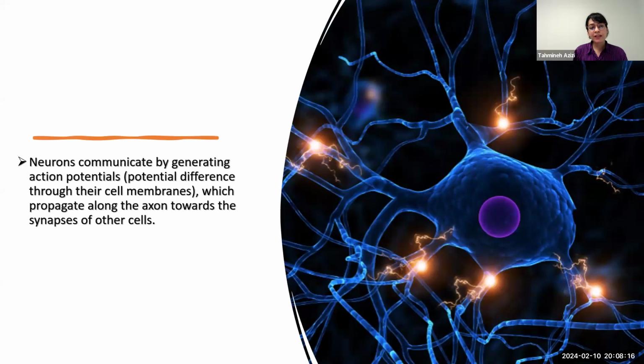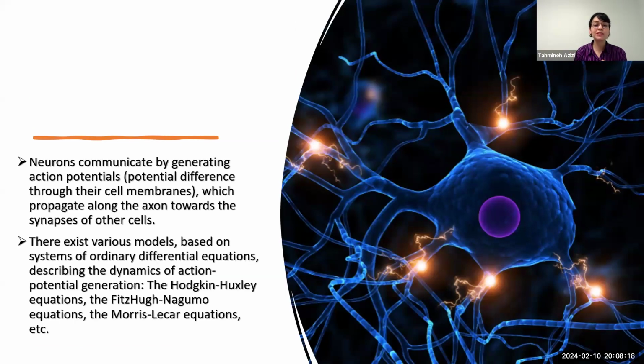But how can we use a mathematical language to model this communication? As we said, the neurons communicate with each other by generating this action potential, which propagates through the axon to the other neuron cell.